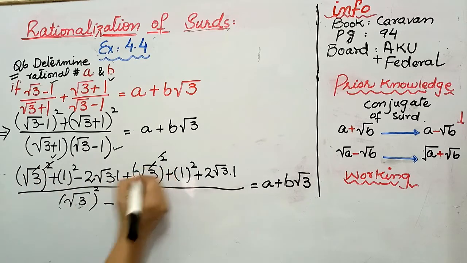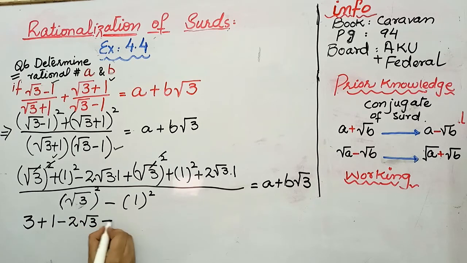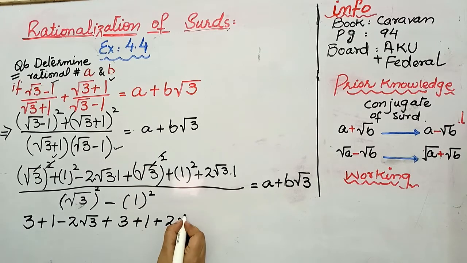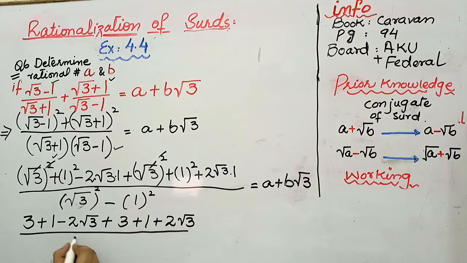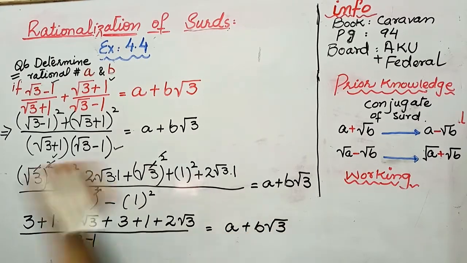ये कैंसिल हो गया, ये इससे कैंसिल हो गया. हमारे पास 3 plus 1 square 1, minus 2 under root 3 plus 3 plus 1 plus 2 under root 3, divided by, this is cancelled, so 3 minus 1, that will be 2, is equal to a plus b under root 3.